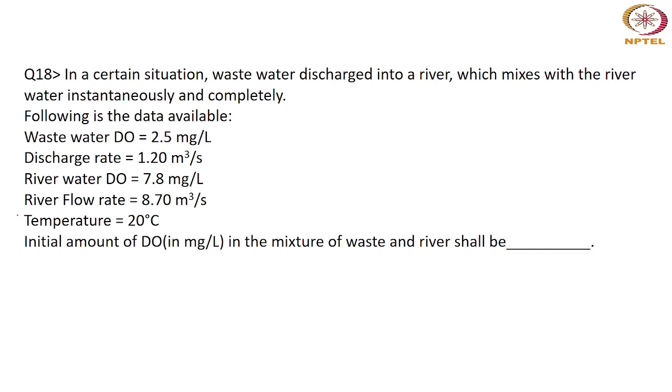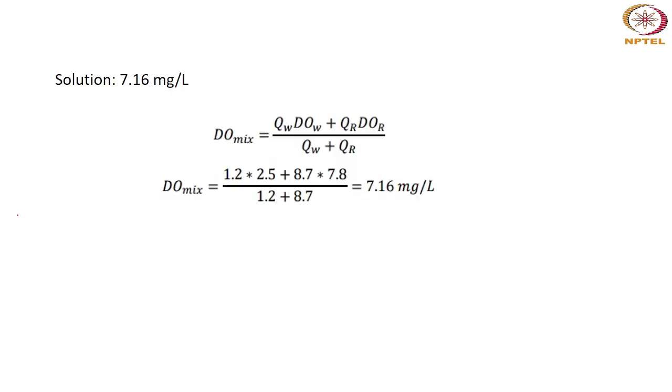Okay, we'll go for the solution. So same thing, DO mix. I showed you in the first question how you have to do it. This is nothing but QW multiplied by DOW plus QR multiplied by DOR, divided by QW plus QR. So Q is the flow rate and this is the DO concentration.